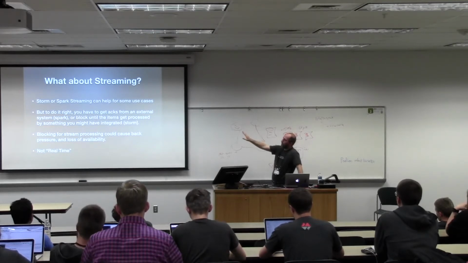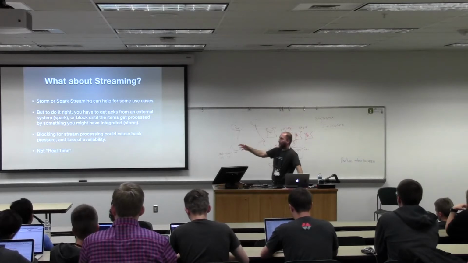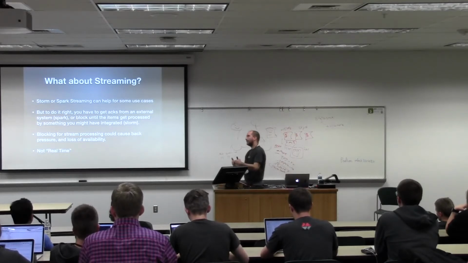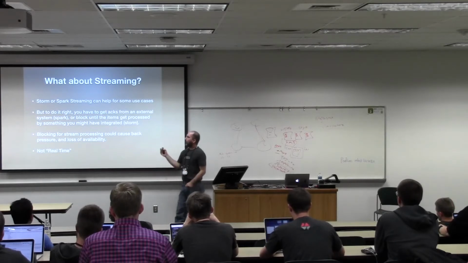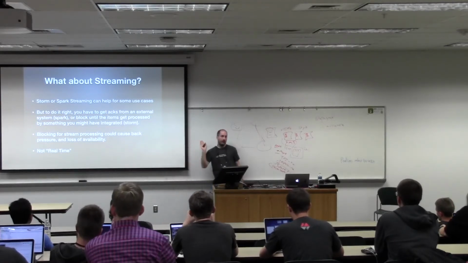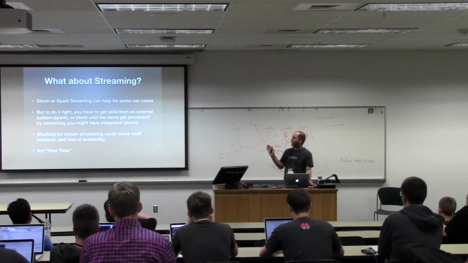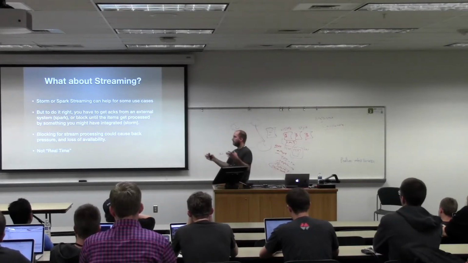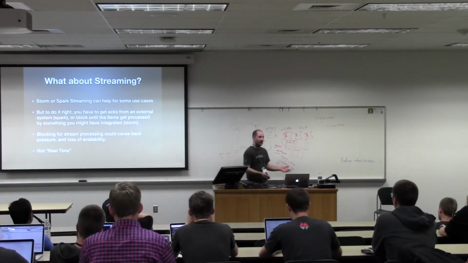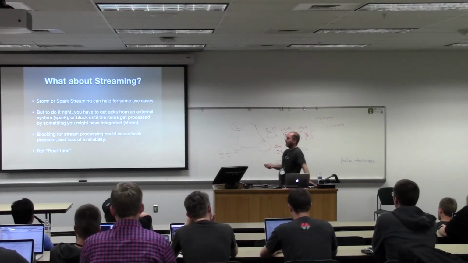Unless you're using Storm, you can get to sort of real time, but Spark streaming does it in micro batches, so it's only real time in the sense of whatever you set your micro batches to be. And if your real-time processing system doesn't keep up with the rate of data coming in, at least on average over your queue size, then you can back up and your entire system could come crashing down, or you could end up losing data. Either one of those is usually bad. Any questions about this? Right.